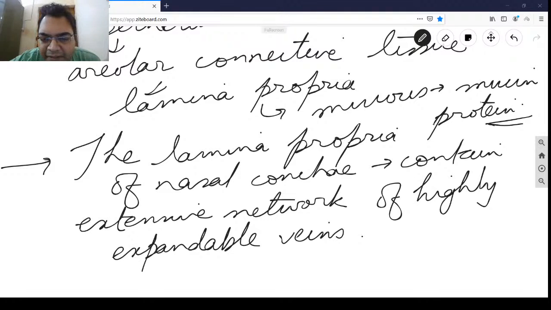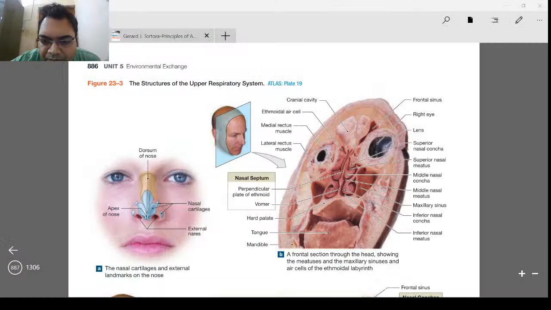Now the thing will be clear to you, what conchae are. It will be visible on your screen in just a few seconds. Okay, I think now it's visible to you, the nasal conchae.